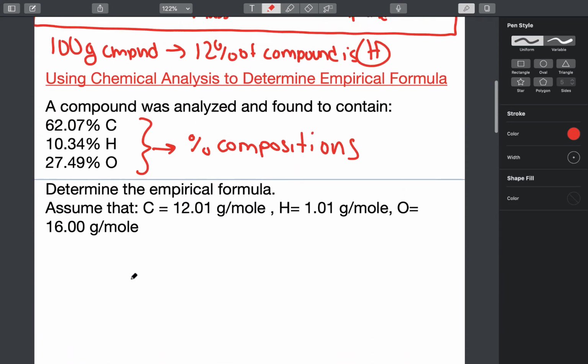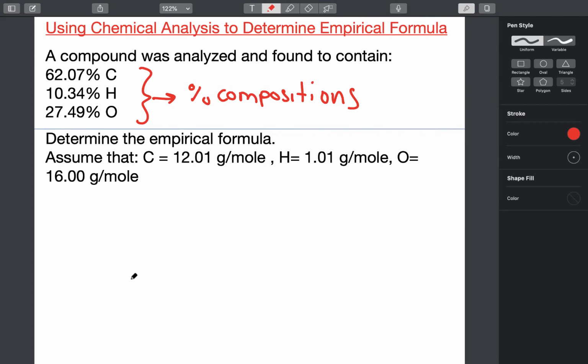So with that, we can now get into our real topics for today. In this video, I'm going to be doing 2 practice problems in order to demonstrate these particular mathematical methods. So the first topic deals with using chemical analysis to determine the empirical formula.